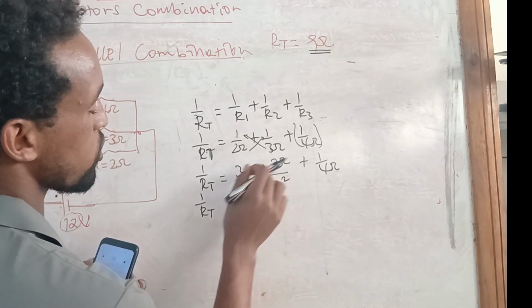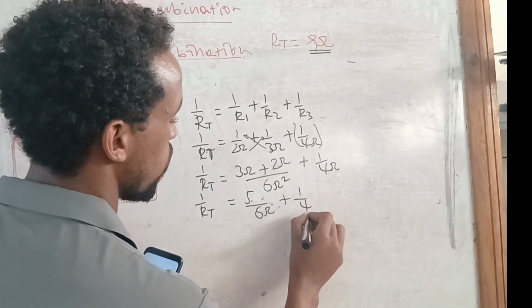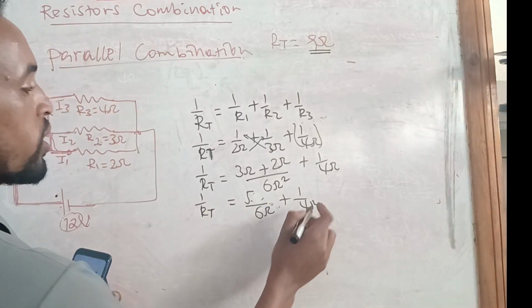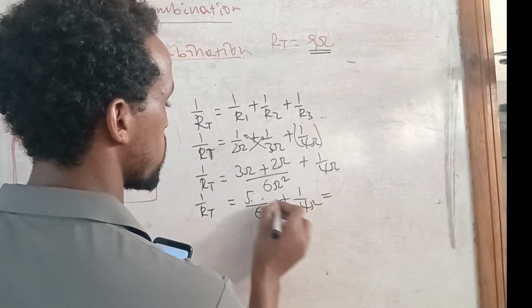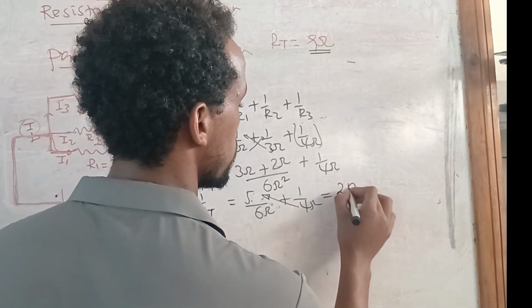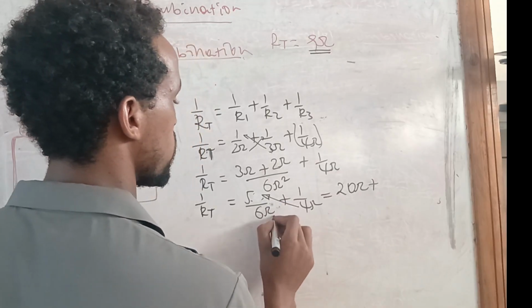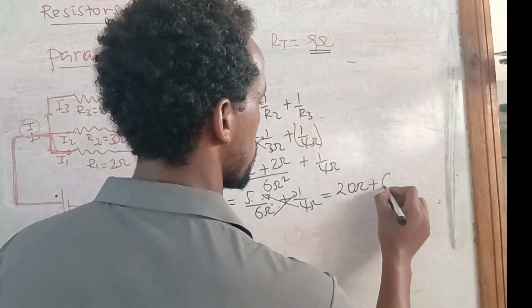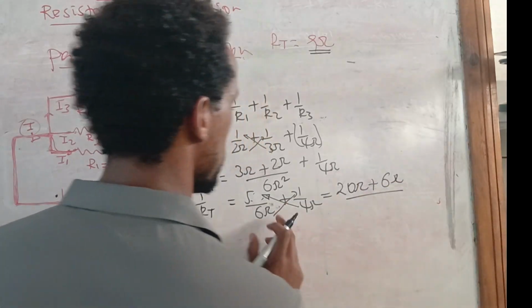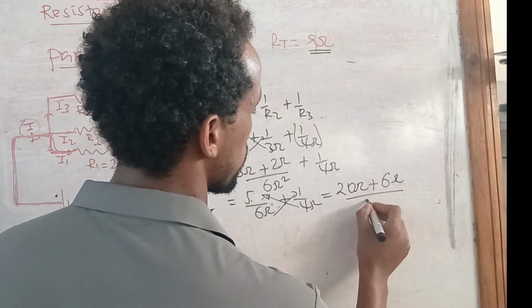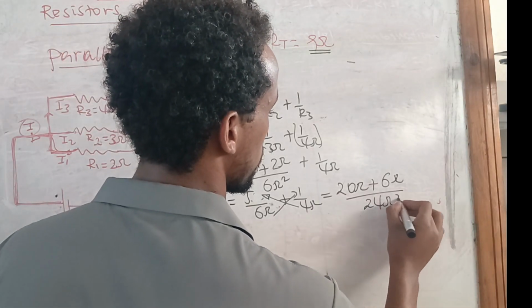So 5 over 6 ohm plus 1 over 4 ohm. Let's add these also: multiply to get 20 ohm plus 6 ohm divided by 6 times 4, which is 24 ohm squared.